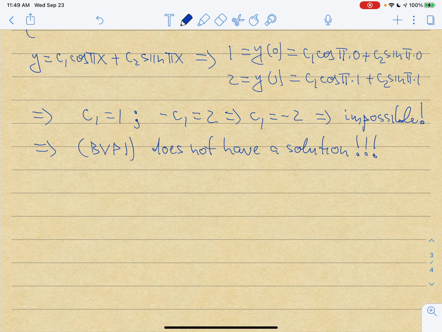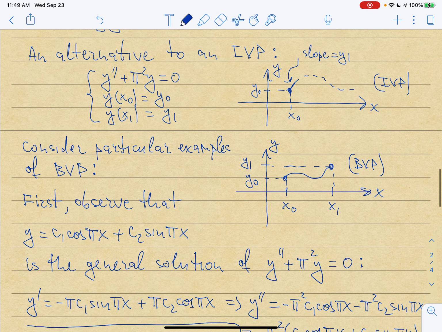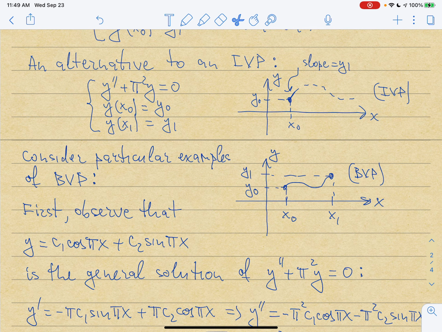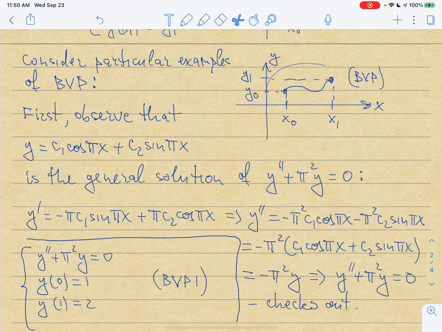So this immediately contrasts boundary value problems with initial value problems. Basically, what we were saying before is that with the initial value problem, I start at a given point, I send curves from that point at different angles and reconstruct the solution completely. I found my solution. What's the difference with boundary value problems?